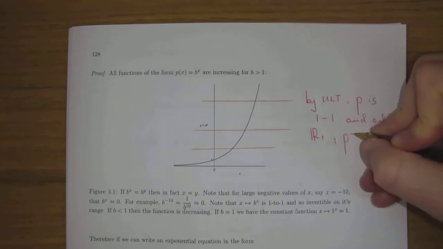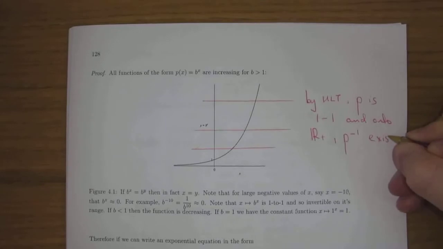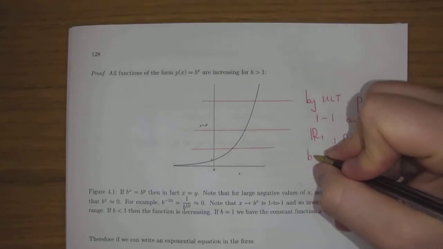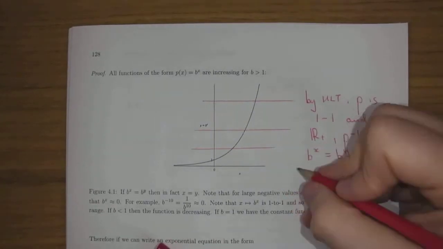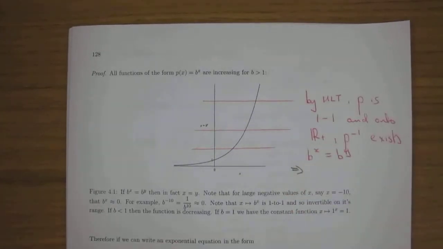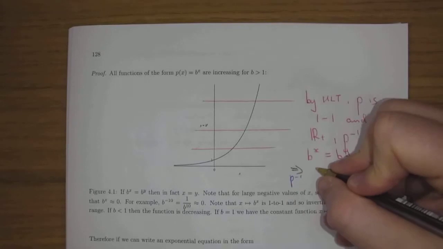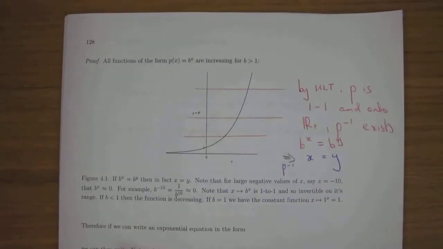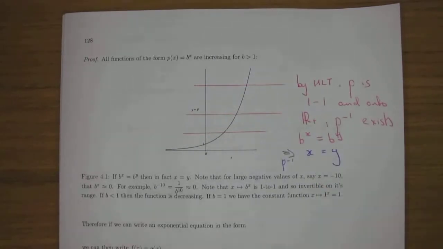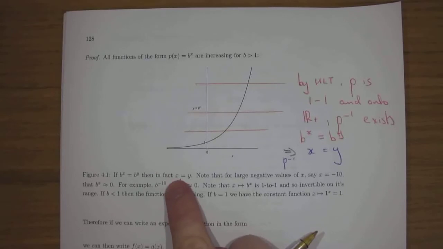Therefore P inverse exists, which we'll be talking about a bit later. So if b to the x equals b to the y, you could apply the inverse function P inverse to both sides, and you get x equal to y. Because remember, if you're 1 to 1 and onto, you're bijective and invertible. So that's one way of showing this: if b to the x equals b to the y, then in fact x equals y.